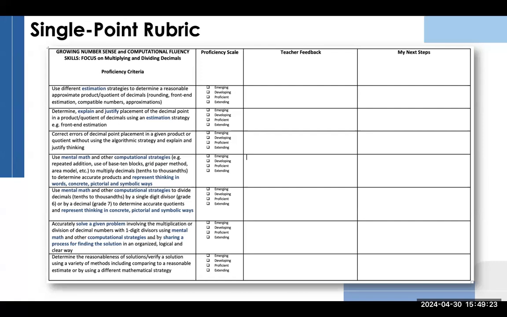It has a checkbox after each of the criteria for you to put an indicator for progress for a student as you are working through and building understanding and practice on this particular topic. So you would provide some feedback for students. And then what I like about this tool is it puts it back into the student's hand to think about, okay, if this is my feedback from my teacher, what am I going to do next time that I'm practicing this sort of thing in math?